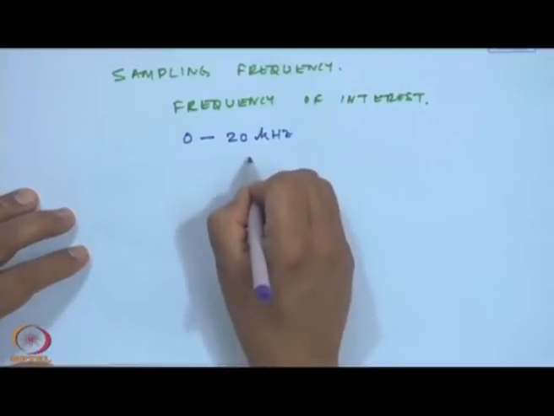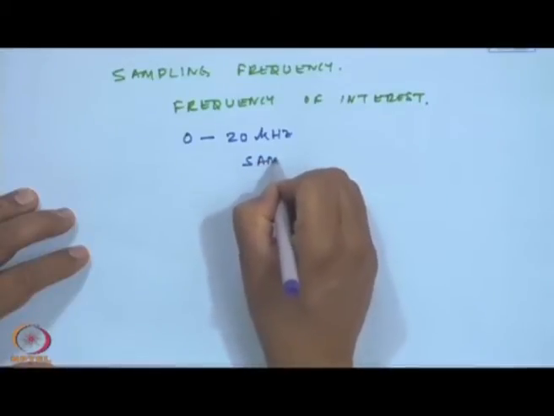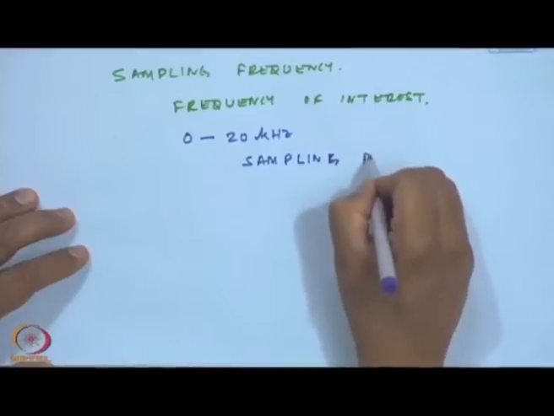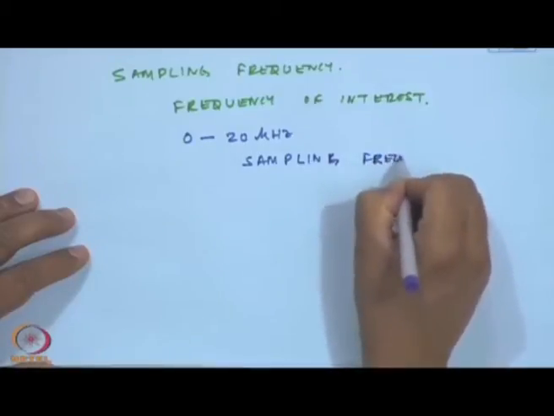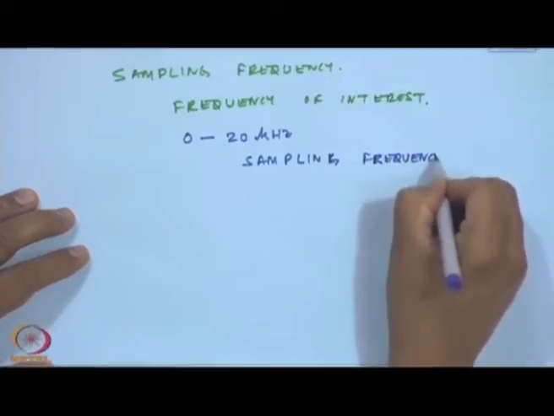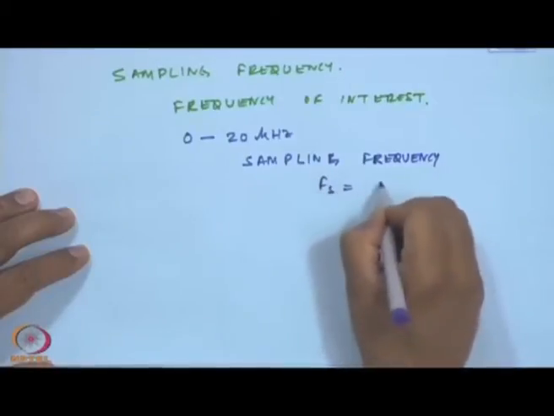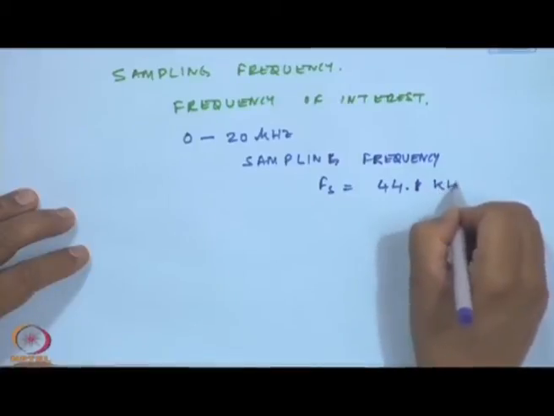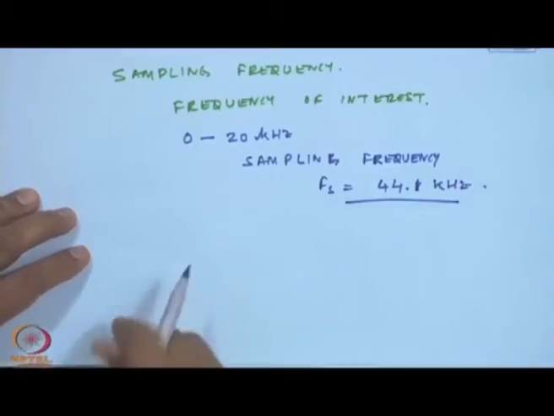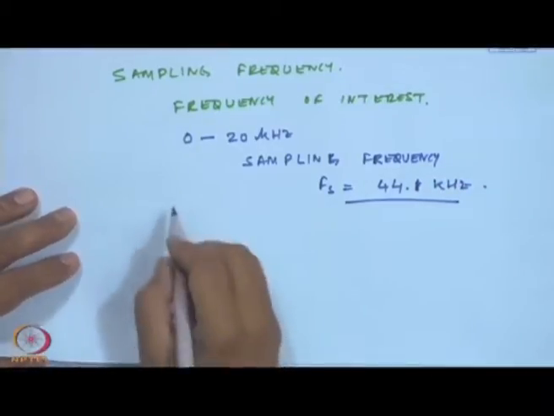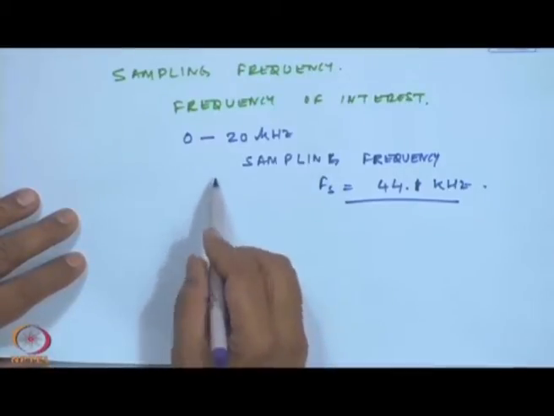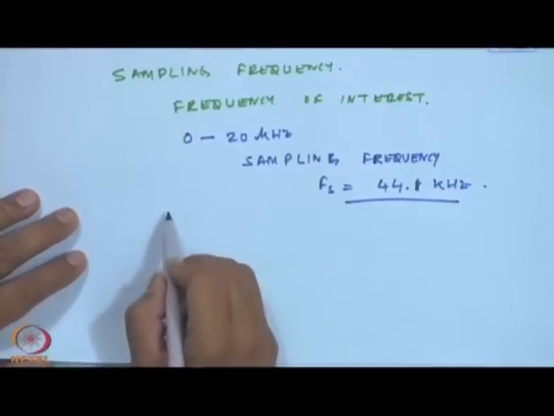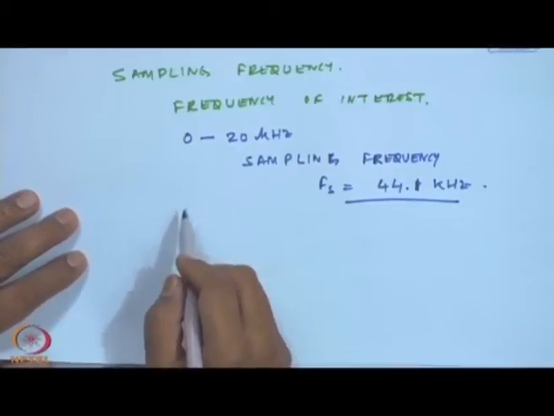Maybe we sample at a sampling frequency fs equal to 44.1 kilohertz, and this is a set sampling frequency, and then we can record as much as we want, provided we have the memory space.